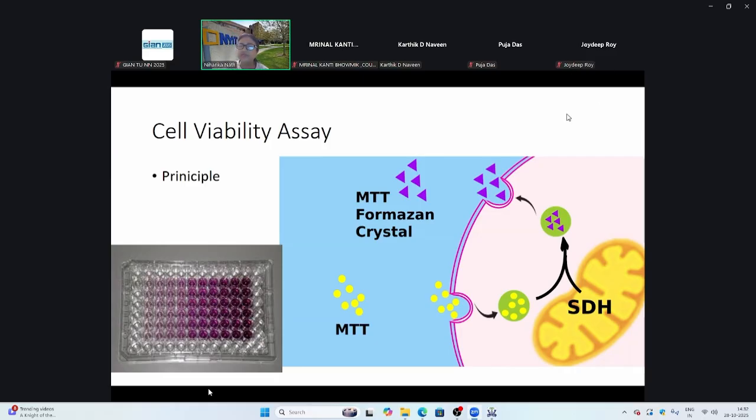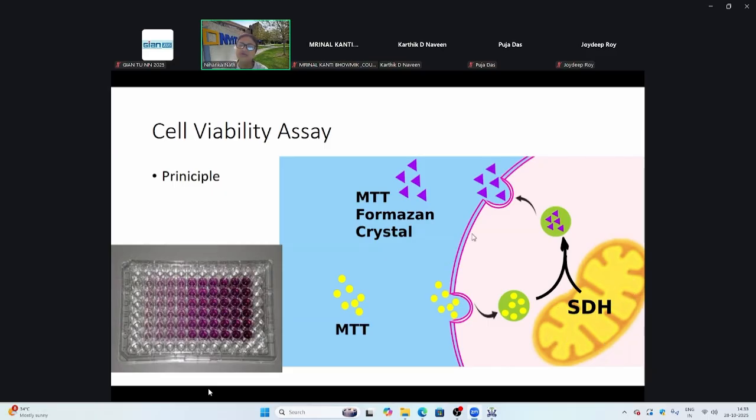Is there any stress in them? So we're just trying to see if these mitochondrial enzymes are working or not. The principle of this assay is to see whether the cell is doing its basic functions properly or not.